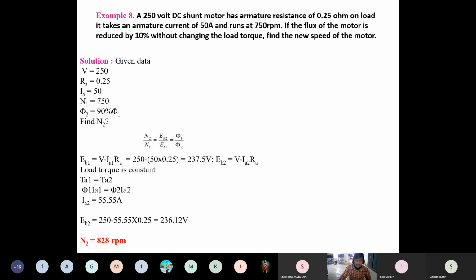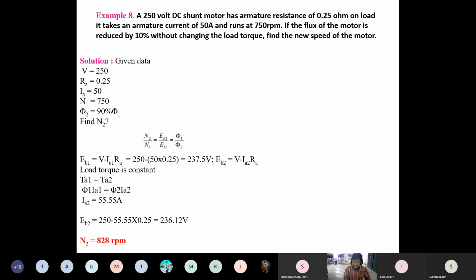So next problem. This is also related to speed control, but we don't determine the speed, we determine the extra resistance. The previous problem is related to the flux control method, but this problem is related to the armature control method.